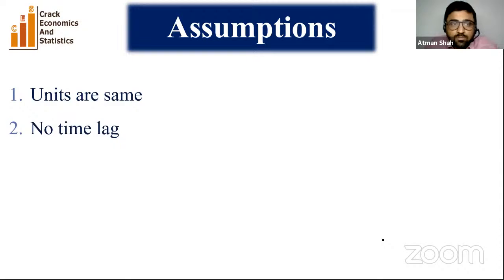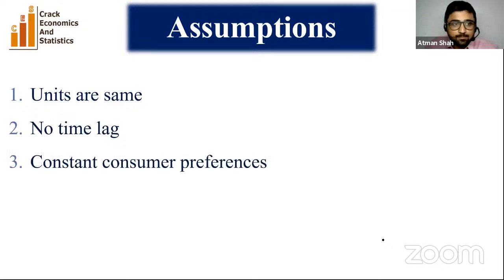So here we assume that there is no time lag between the consumption of each successive unit of a particular commodity. Each unit of that pizza is same. So it is homogeneous. Third, constant consumer preferences. We assume that there is no change in consumers' preferences.